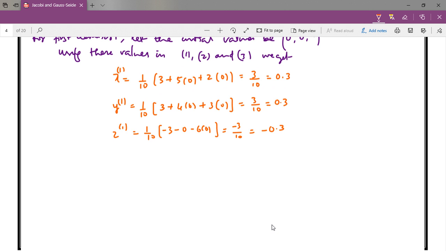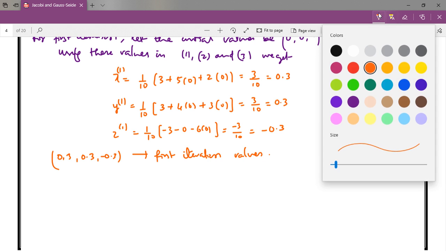Yeah, so now we got what? The first iteration values are 0.3, 0.3, minus 0.3, so these are the first iteration values.